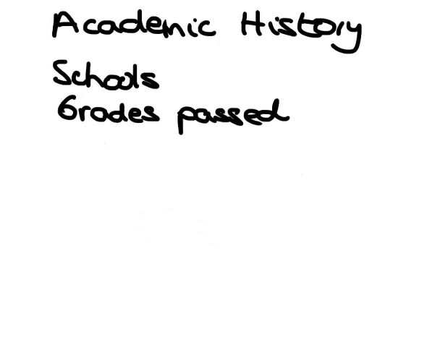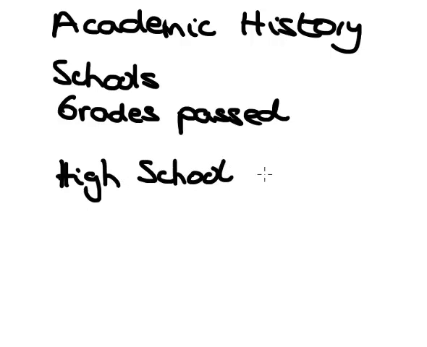Next comes your academic history. You write down the schools and the grades that you have passed. And the way that you generally do this is you put your high school, and we do this in columns, then the date you started in your high school, and if you're still in that high school, you just put a dash.